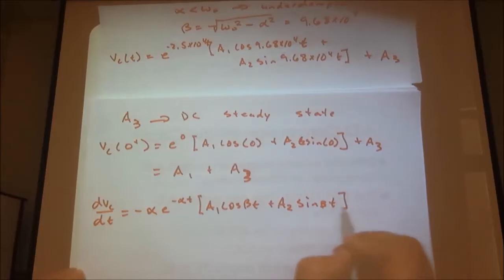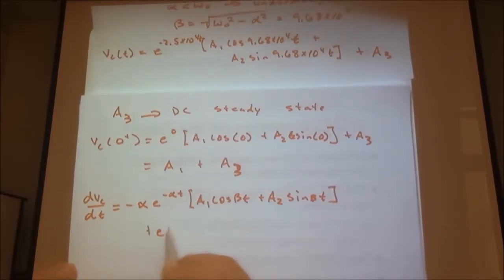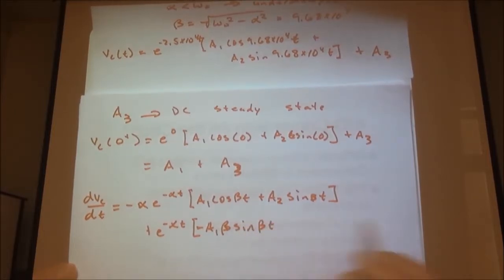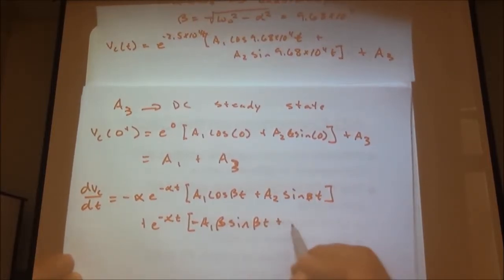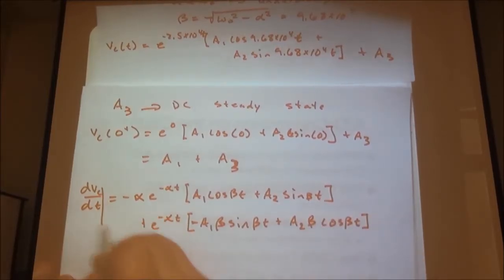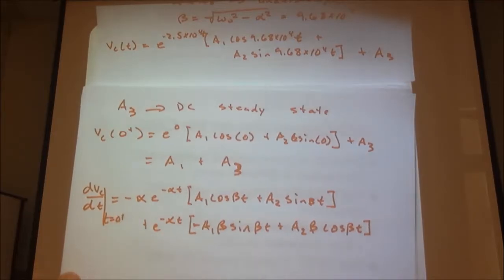So again, chain rule differentiation, plus e to the minus alpha t, minus A1 beta sine beta t, plus A2 beta cosine beta t, all evaluated at t equals 0 plus. And so I didn't put the numbers. We know what beta and alpha are, of course. And so what are we left with?